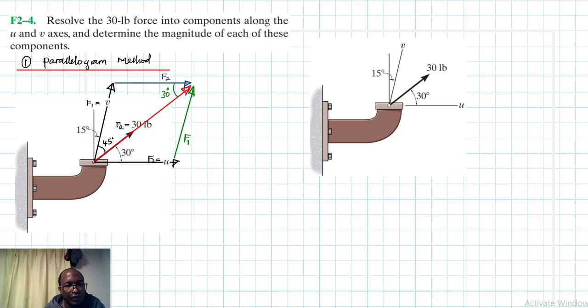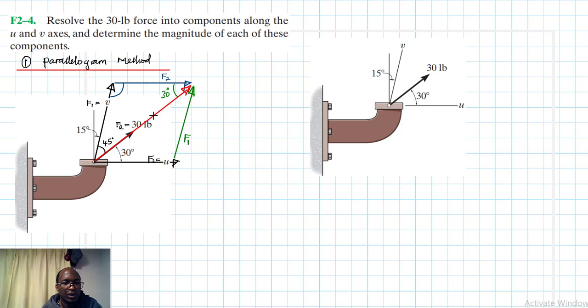And then this angle here is equal to the internal angles in a triangle. Here we have two triangles, and they are the same, and we are working with the one on top.